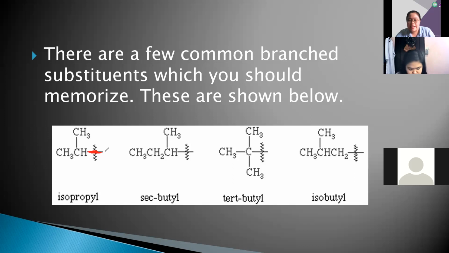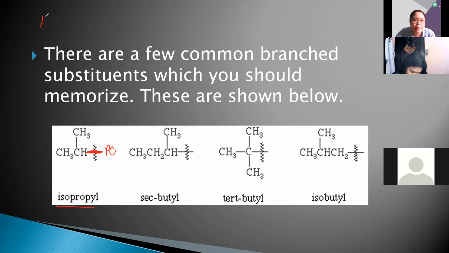or naka-directly attached ha sa parent chain. Dito siya naka-attached ang parent chain. At the center, we have 3 carbons and then the connection to the parent chain is on the second carbon or the carbon at the center. We call this the isopropyl. Okay, propyl kasi 3 carbon, pero hindi sa dulo ang kanyang connection sa parent chain.